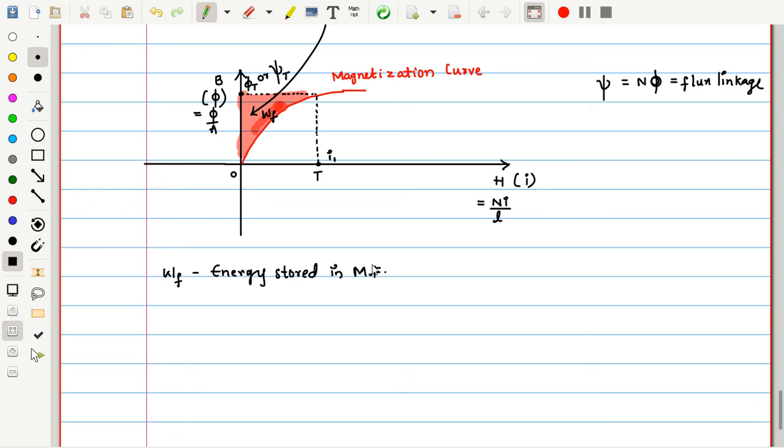So this is the WF, and let us introduce one more term, WF dash. WF dash represents the co-energy.